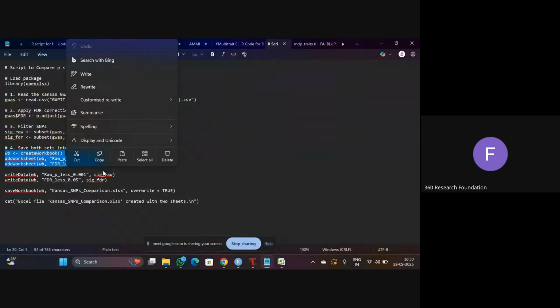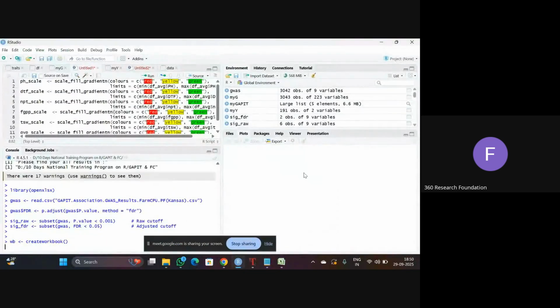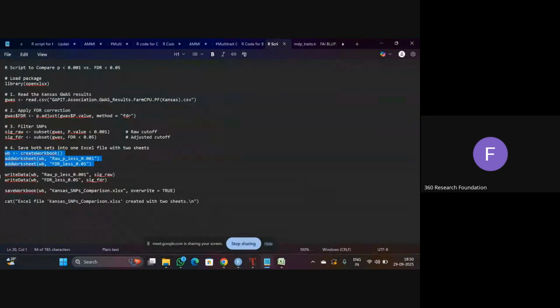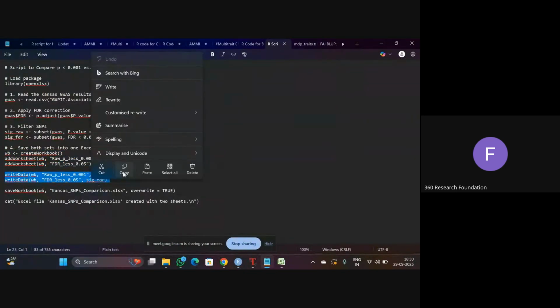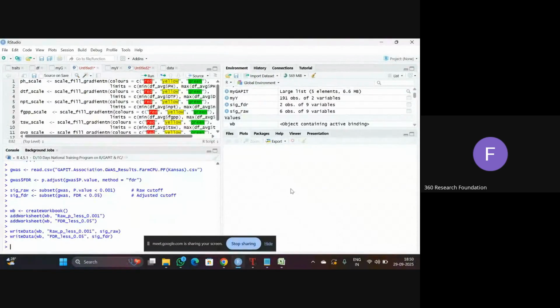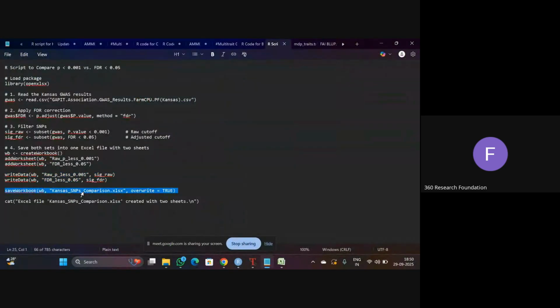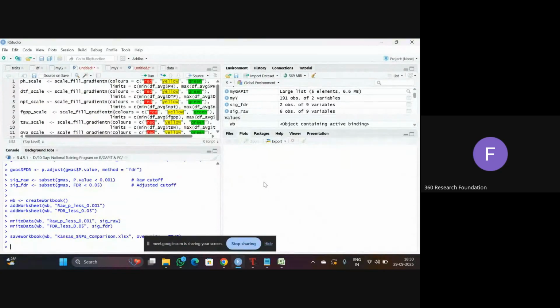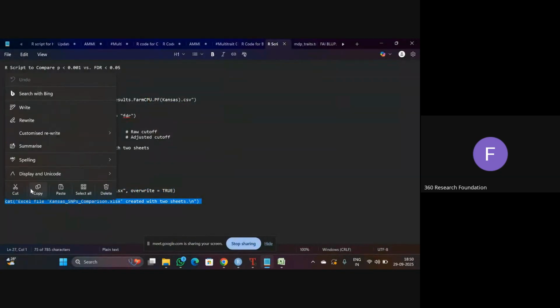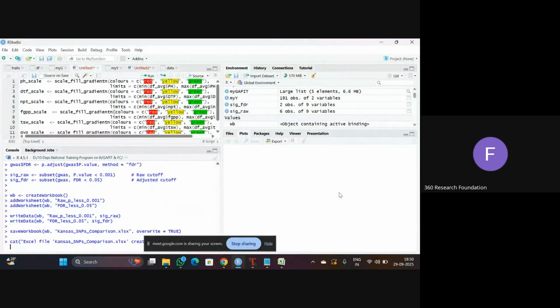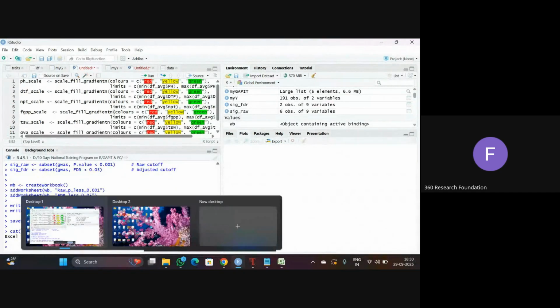Then after that, Excel. After completion of this, you will get the significant markers in the same working directory.